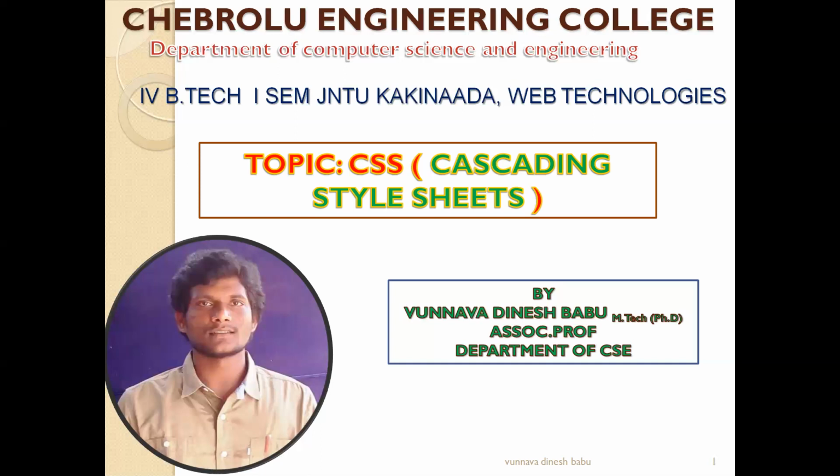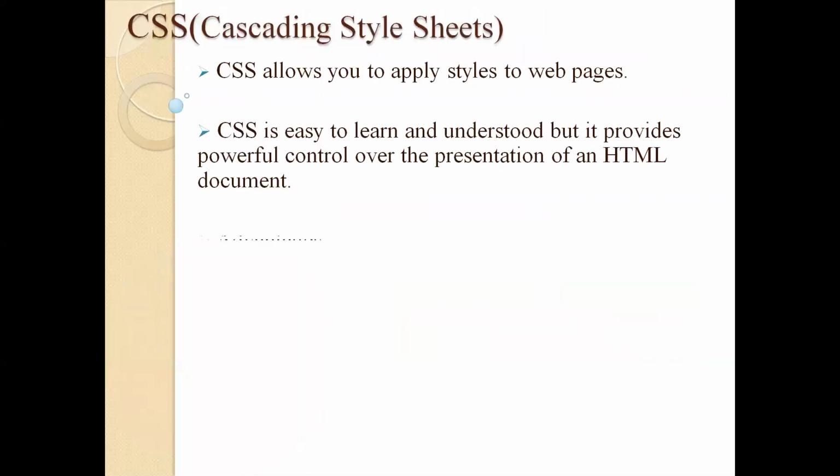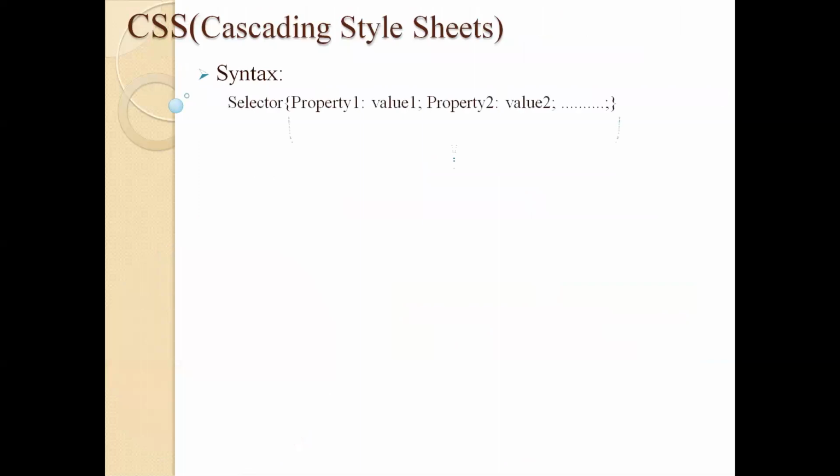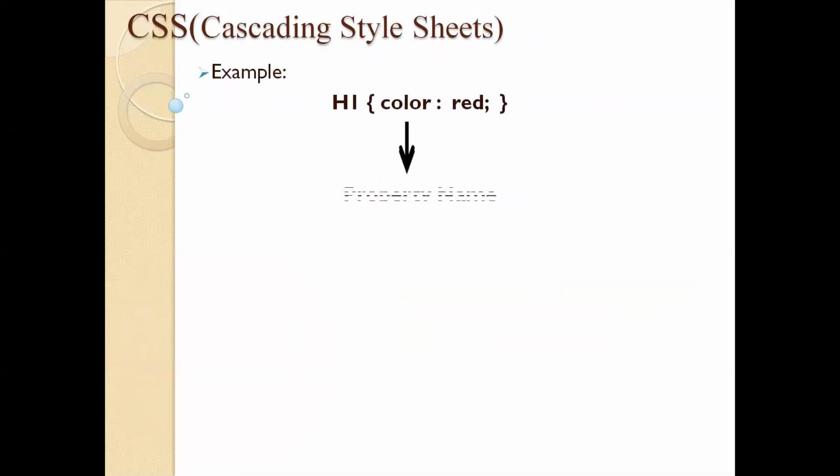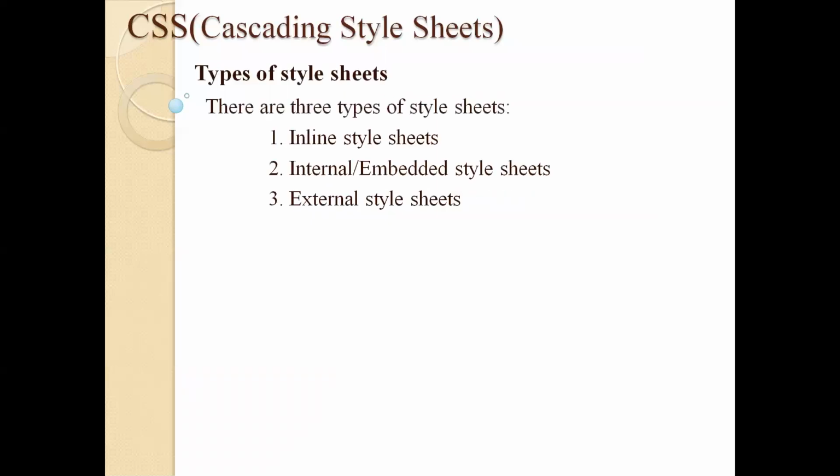In the previous session, we have completed up to inline CSS and internal CSS, right? You can see here the three types of style sheets: inline style sheet, internal style sheet, external style sheet. There is one more name for internal style sheet, that is embedded style sheet, right? So in the previous session, we have completed inline.